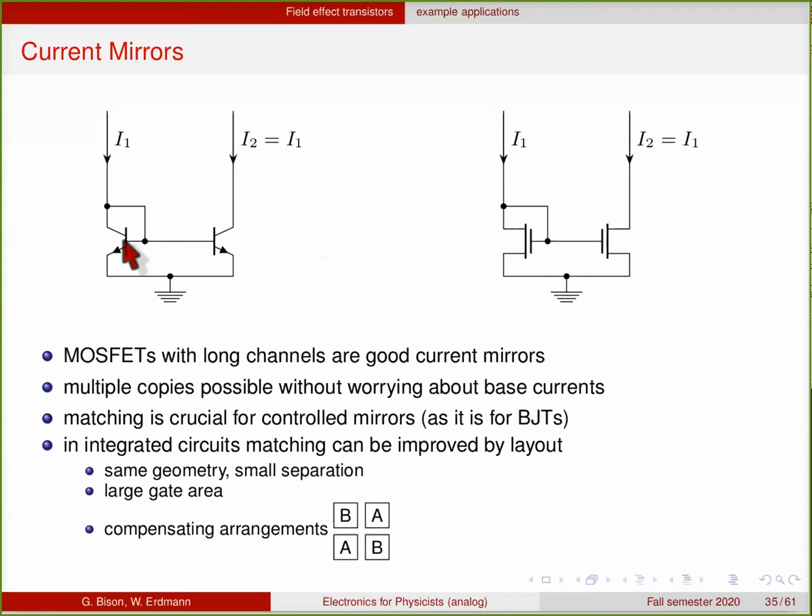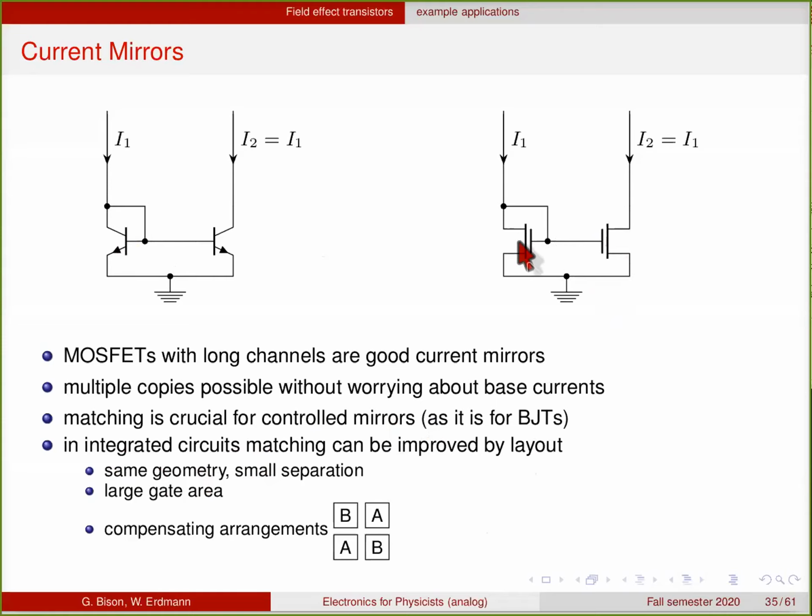So bipolar transistors, especially discrete ones, the matching is usually terrible. For the field effect transistors, it can be much better, especially in integrated circuits, where the matching is often improved by certain layout tricks. So if you want two transistors to be good current mirrors, you make sure that they are really drawn in exactly the same geometry and not too far away from each other.